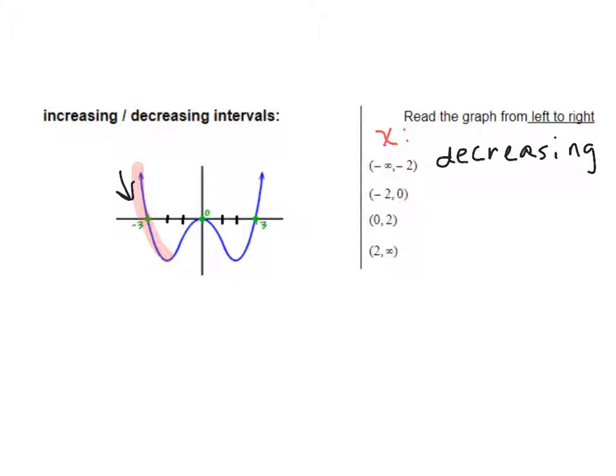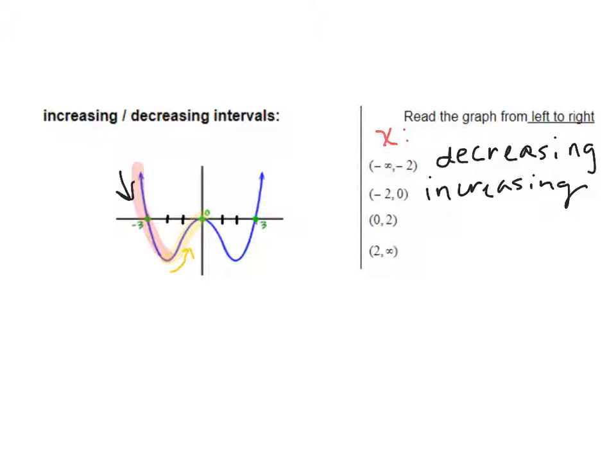Okay, now let's go from negative 2, right here. We're going to go from x equals negative 2 to 0. And I'm going to highlight that. That goes from here up to 0. So again, reading it from left to right, we're going in that direction. So that would be an increasing interval.